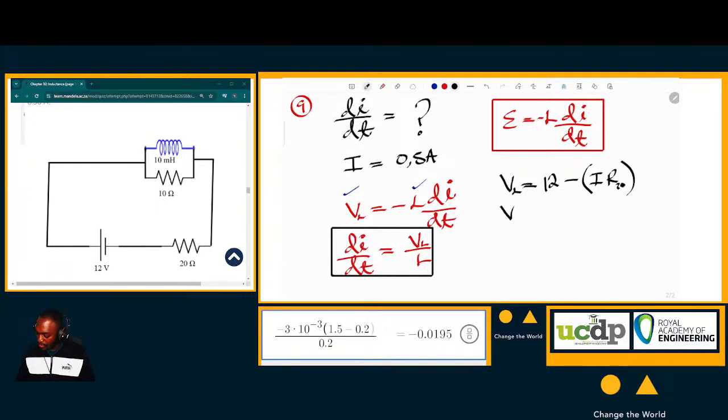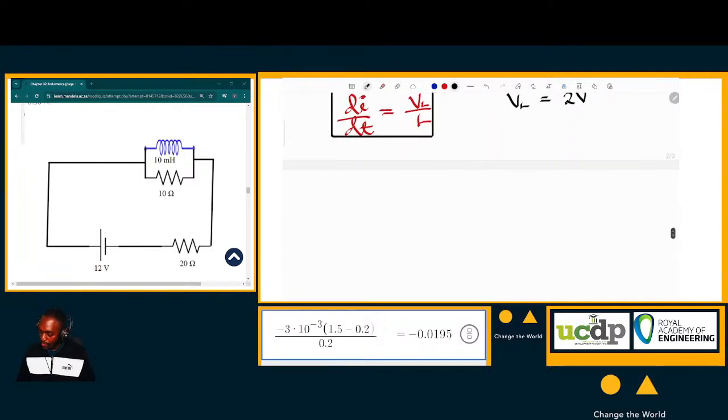So V_L will be equal to 12 minus our I, which is 0.5, times the 20 ohm resistor. The value is 20, which gives you 10. So the voltage across the inductor will be 12 minus 10, which is 2 volts.